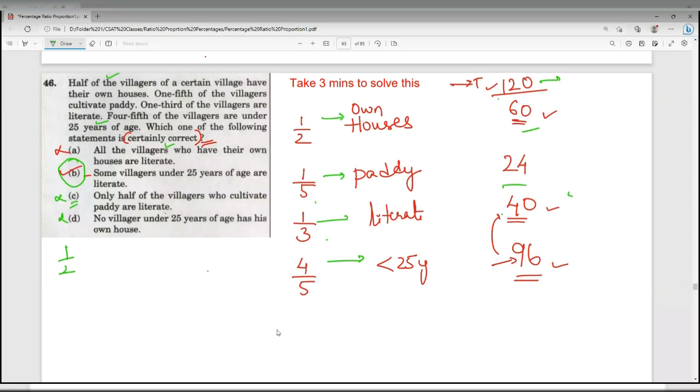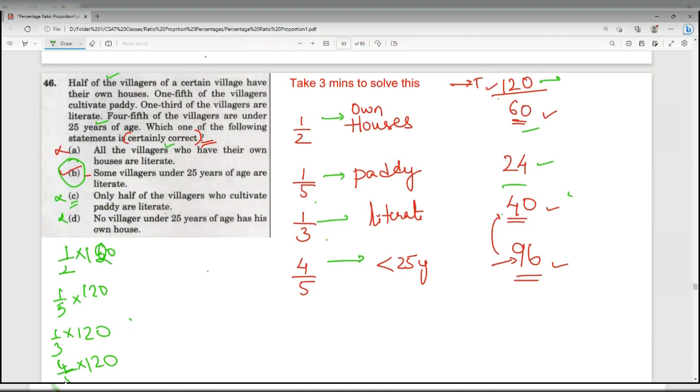You just multiply the fraction into 120.